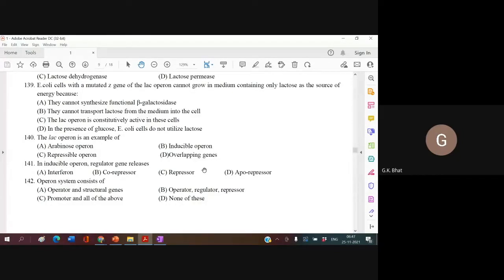139. E. coli cells with a mutated Z gene. A. Z gene is concerned with beta galactosidase. 140. Lac operon is an example of inducible operon. 141. In inducible operon, regulatory gene releases repressor. 142.